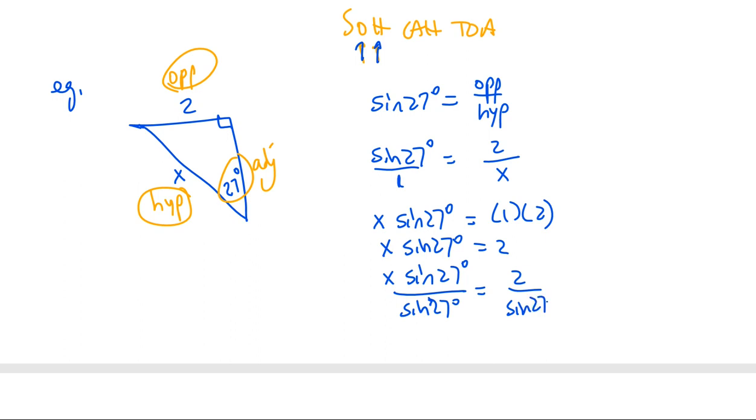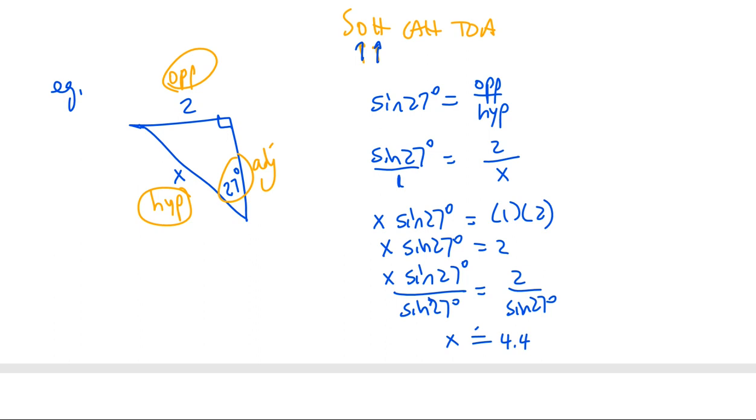And I have x is equal to 2 divided by sine 27, which can go right into the calculator all at once. And I get 4.4. X is approximately 4.4. And have a look at the triangle, see if that's even reasonable. Like if I got x as 400, I could look at this triangle and say, I don't think that's reasonable. Even though the triangle is not to scale, that number doesn't look reasonable, but 4.4 does.